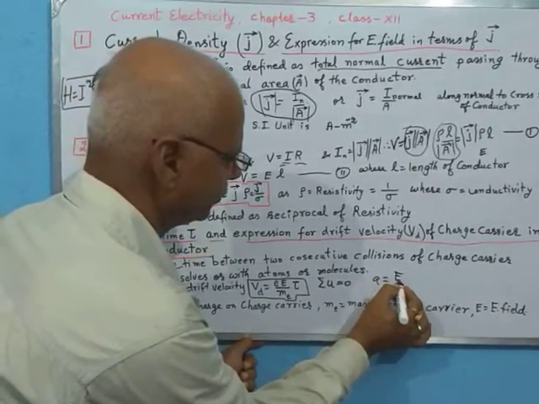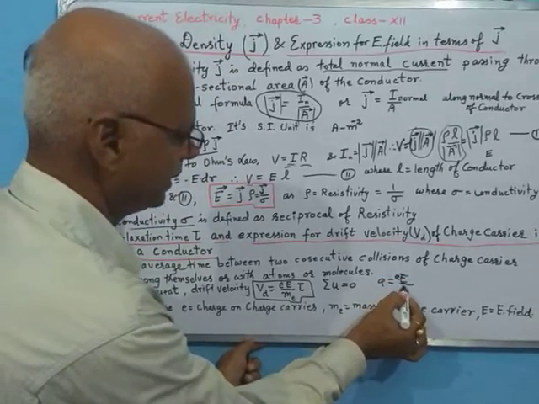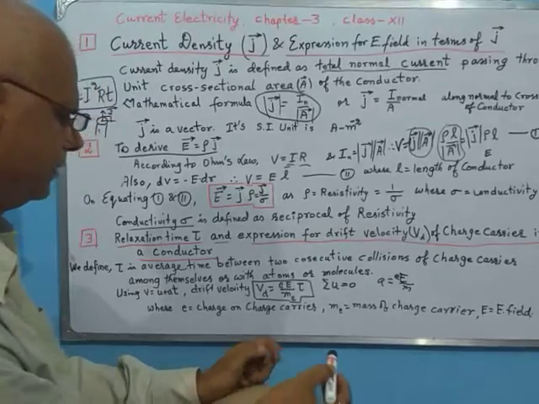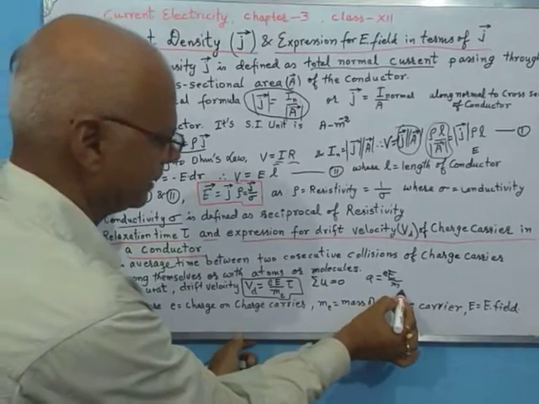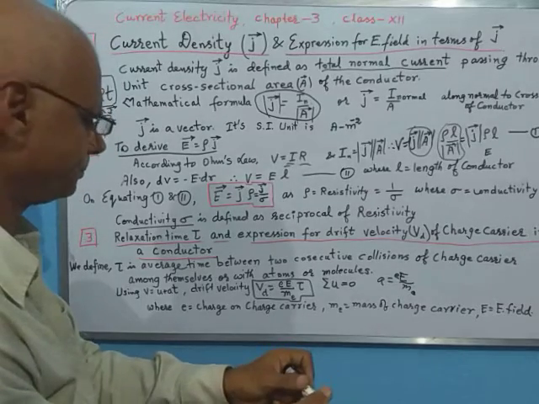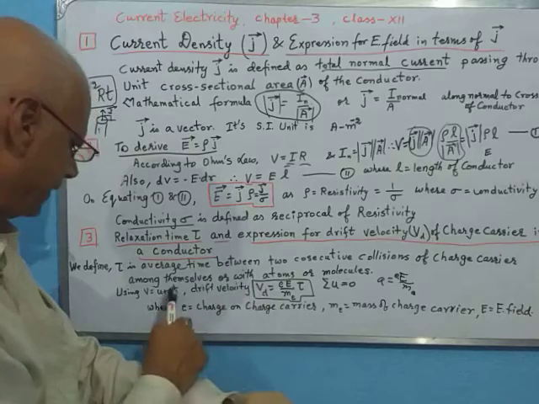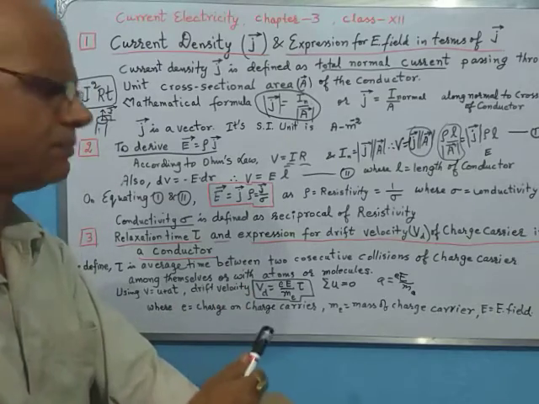And what is the force? Charge times electric field is the force, divided by mass. That is acceleration. We are talking about charge carrier electrons, so we write m_e. That means for acceleration we write eE by m_e, and for time we write relaxation time tau.